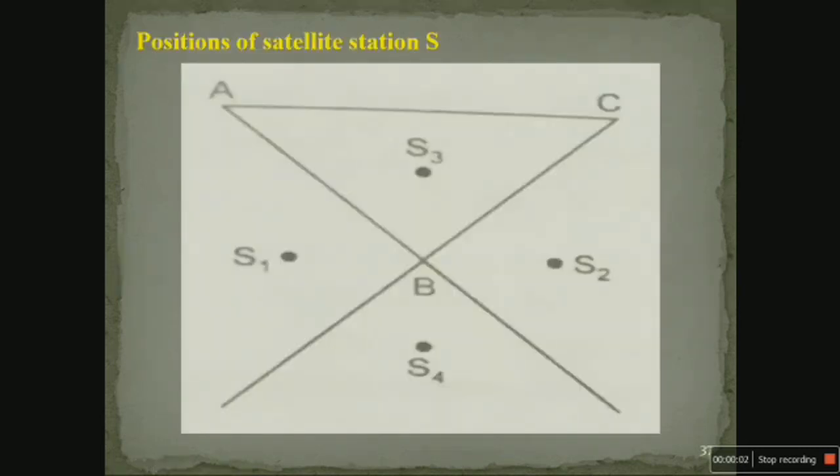Similarly, depending upon the position of the satellite station, it may be on the right side of the main station, or the left side, or above the main station, or below the main station, or on the east side, west side, north side or south side.